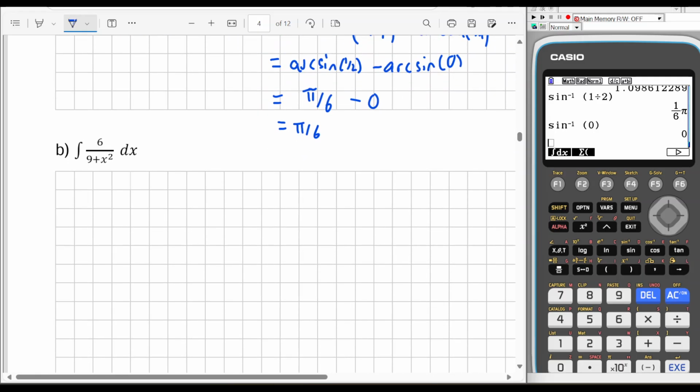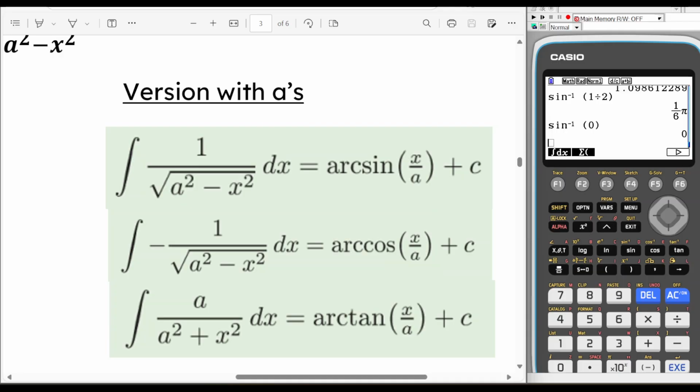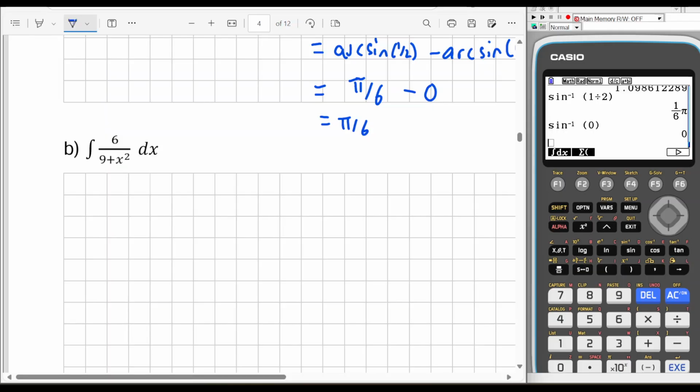All right, this one, 6 over 9 plus x squared. So in general, we're after one that looks like this, a over a squared plus x squared. So the way we can write this is, well, the integral of 6 over 9 plus x squared dx is, well, it's 2 times 3, 6, and this is 3 squared plus x squared there.